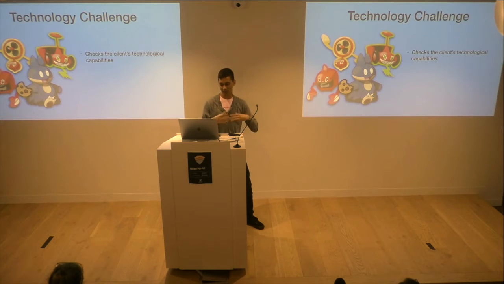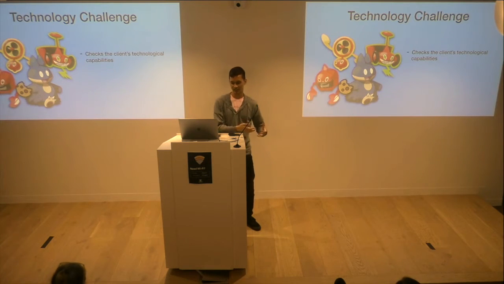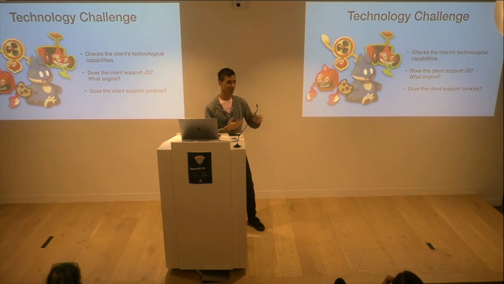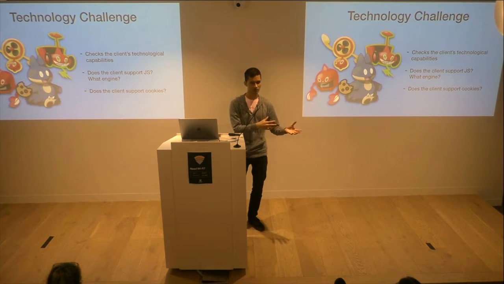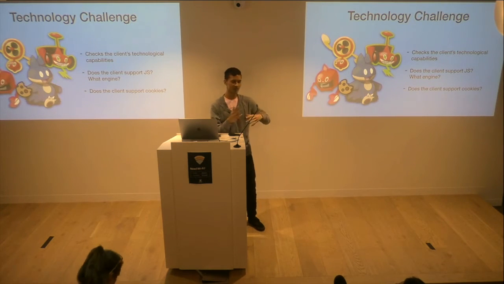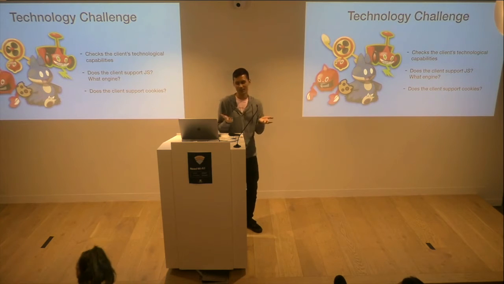These lightweight headless clients tend to omit things such as JS engines or cookie support. So if we detect that a client doesn't have a JavaScript engine or doesn't support cookies, we can suspect that there's something suspicious going on.